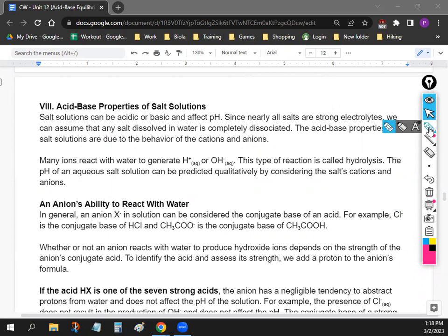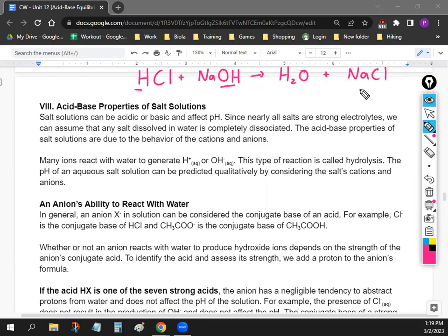You guys don't need to write this down, but a salt is basically the compound other than water that's produced when an acid and base react. So for example, we got HCl, an acid, and NaOH, which is a base. When they react, they're going to produce water, the H and the OH produce water. But the other chemical that's produced is NaCl.